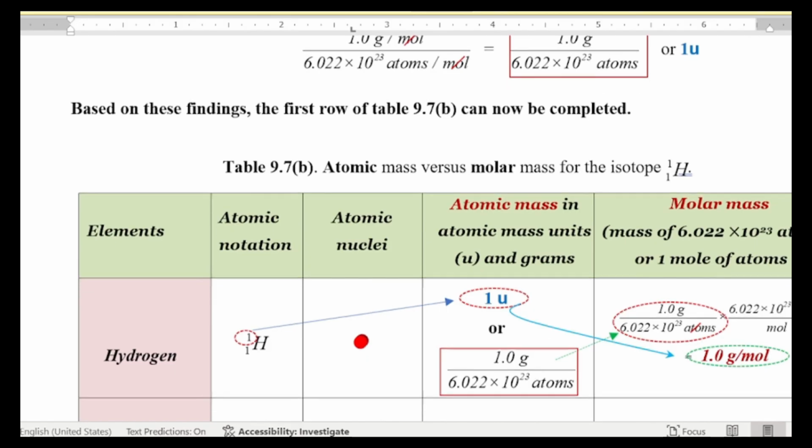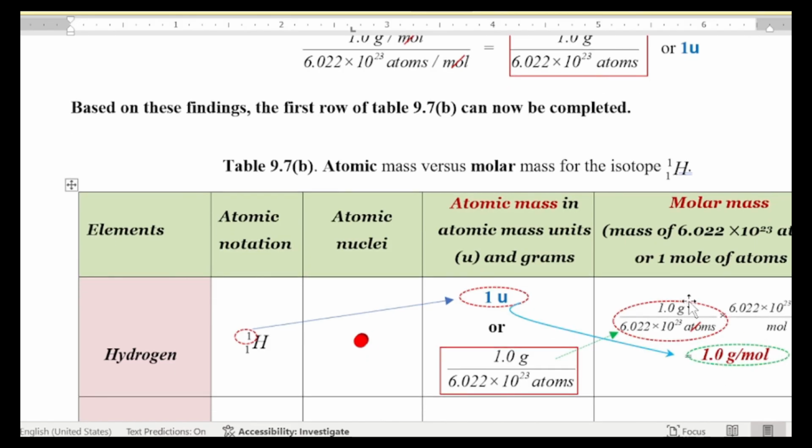In a different way to find this, if you take the mass of 1 atom, you have to cluster Avogadro's number of these before you can get 1 mole. So by multiplying by Avogadro's number, these will cancel out and you end up with 1.0 gram per mole.